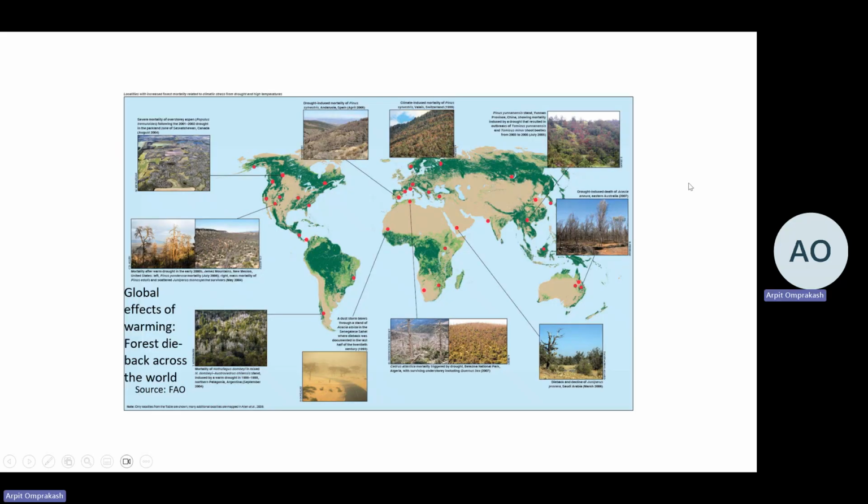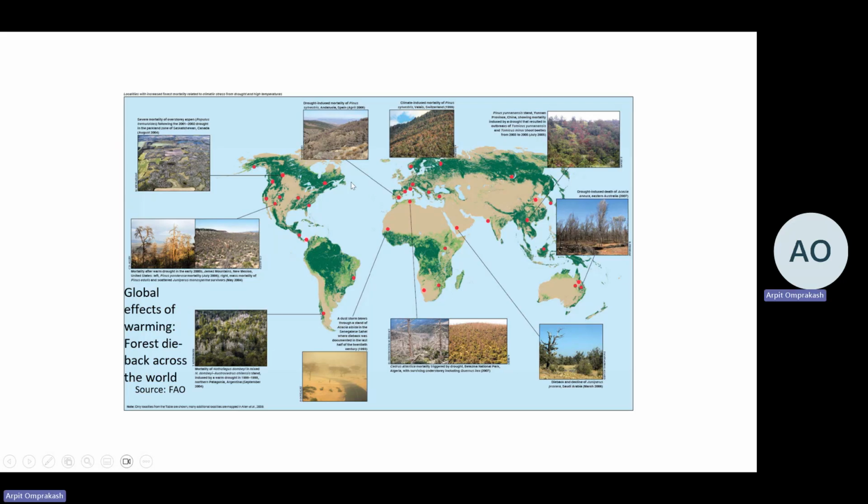Then here we see what is called forest dieback, right?